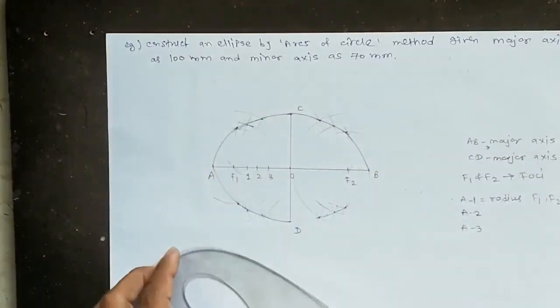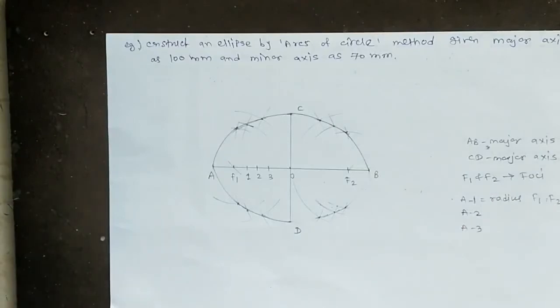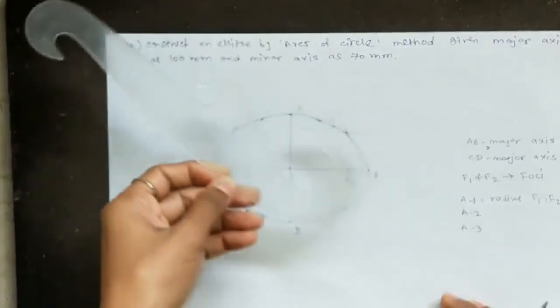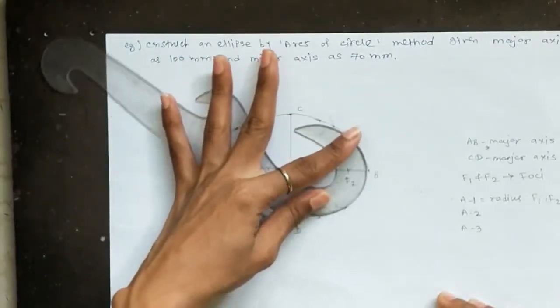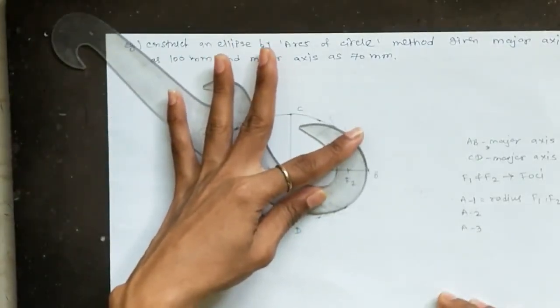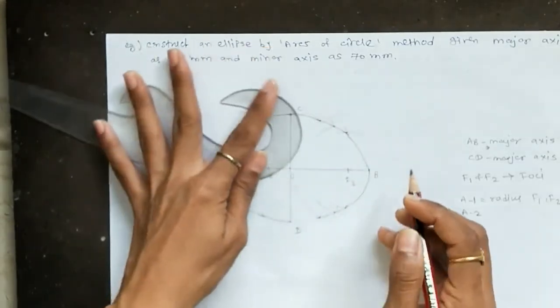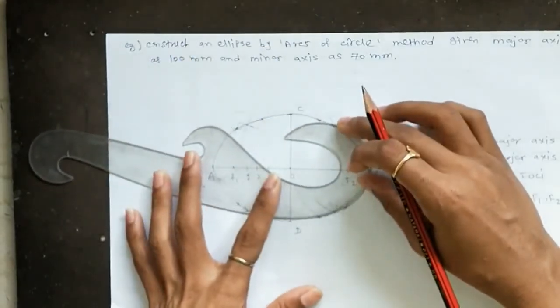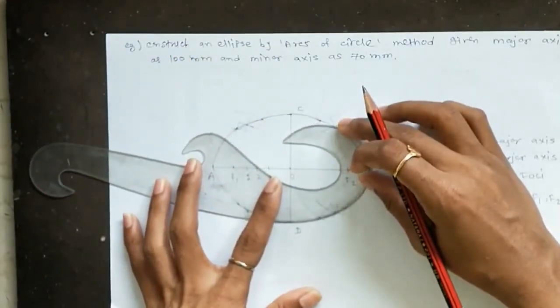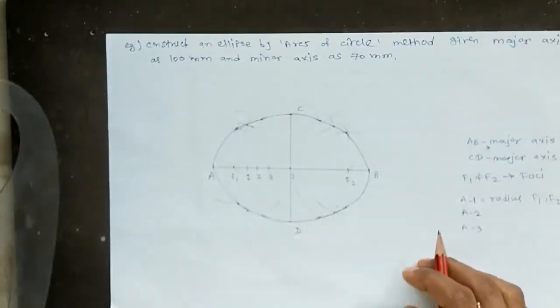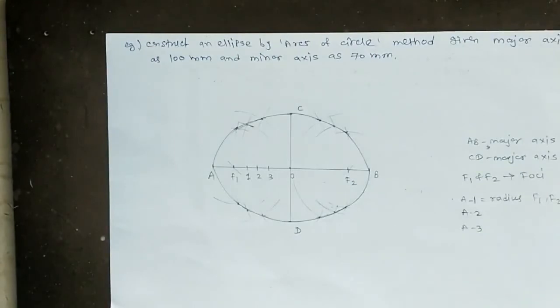You have to draw all the curves with the help of a French curve. So this is the complete ellipse by the arcs of circle method.